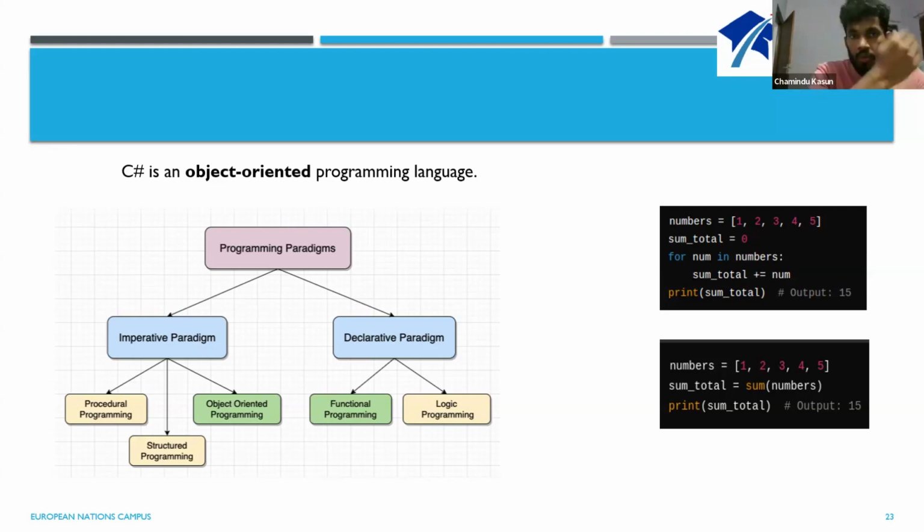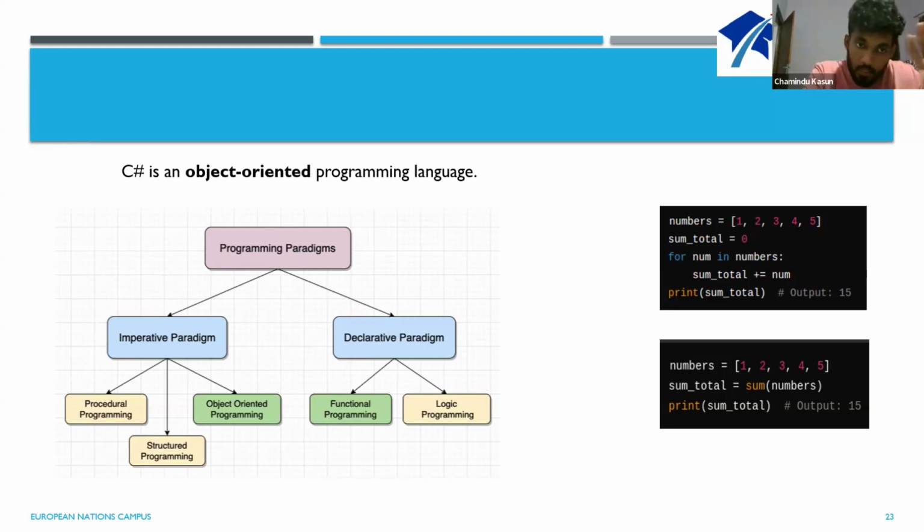So programming paradigms means the way we develop programs. There are mainly two programming paradigms: imperative and declarative programming paradigm.